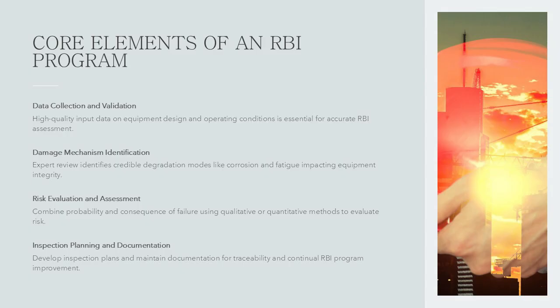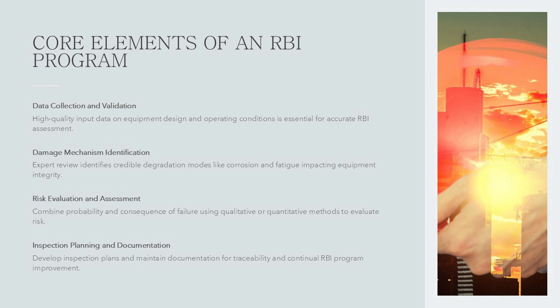Risk is then evaluated by combining POF and COF, often using qualitative, semi-quantitative, or quantitative methods. Based on the evaluated risk, inspection plans are developed, specifying inspection intervals, techniques, and coverage. Finally, proper documentation and management of change ensure transparency, traceability, and continual improvement of the RBI program.